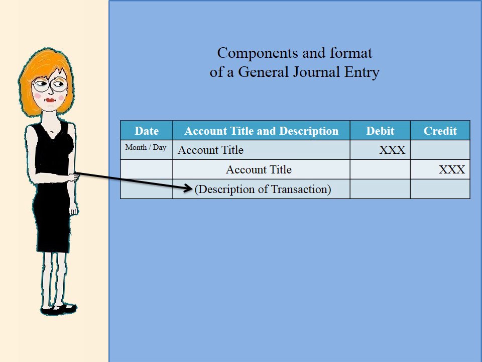The third line would be the description of the transaction. Debit does not mean increase, it simply means left. Credit means right. You must have matching debits and credits in order to have a completed journal entry.